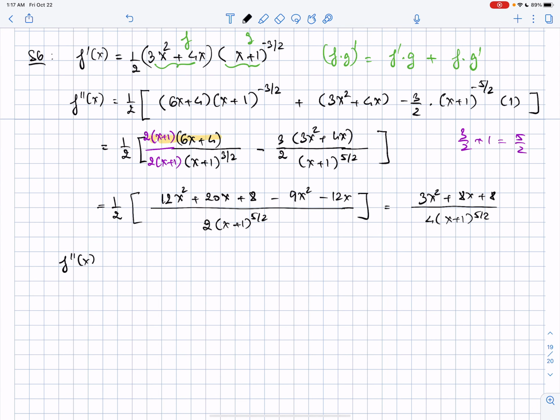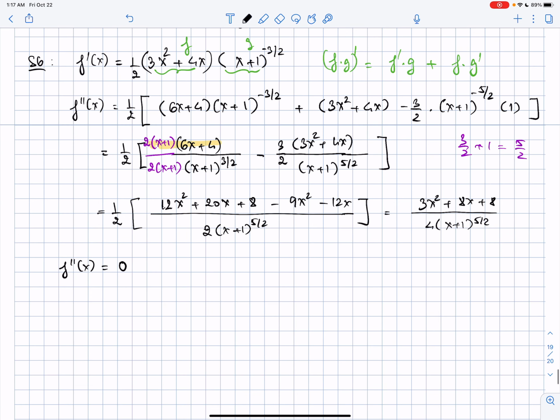So we want to find the zero of f double prime to find the concave up or concave down. So f double prime of x equal to 0 when the 3x squared plus 8x plus 8 equal to 0.